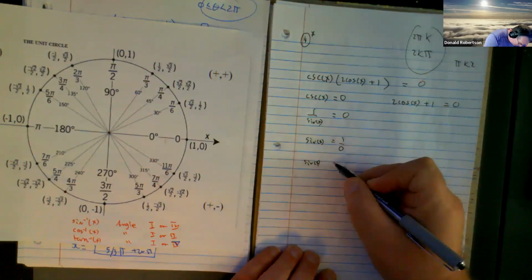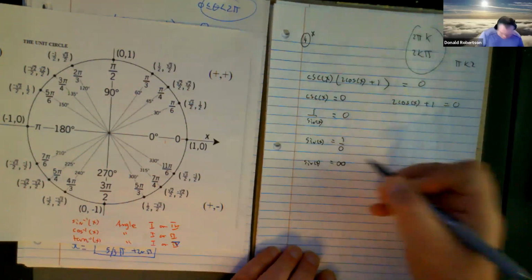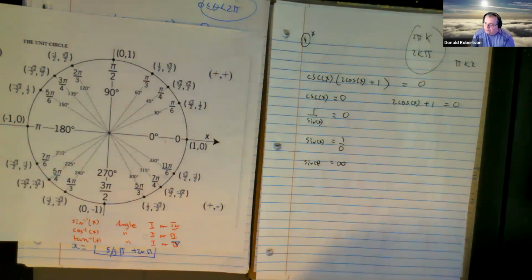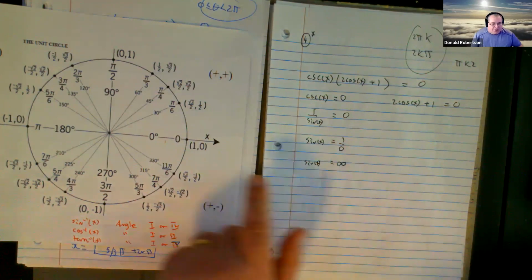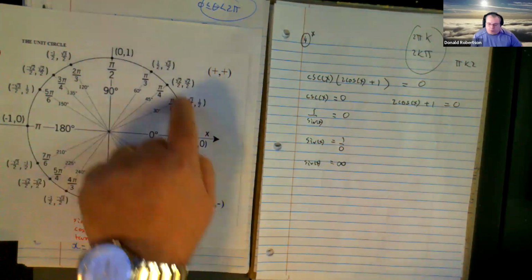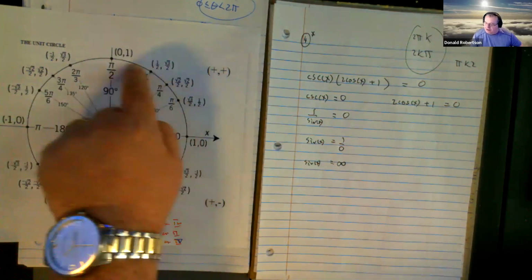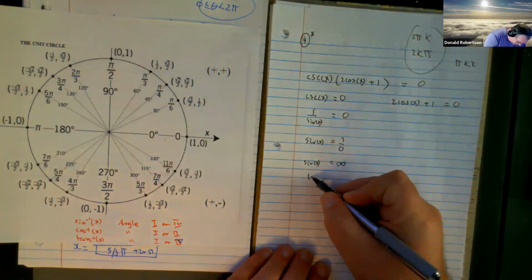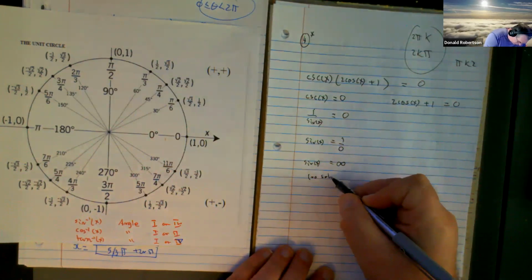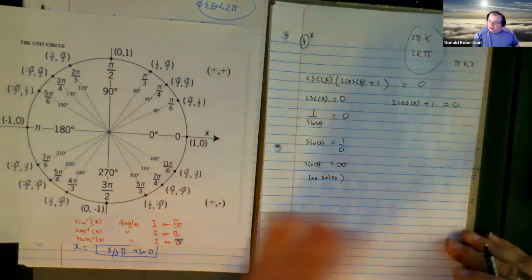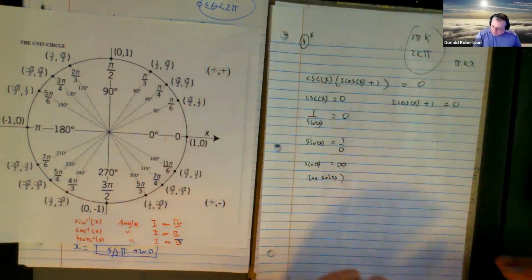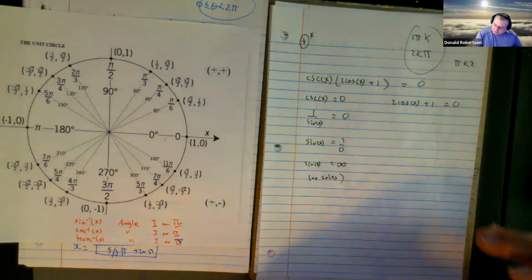If you think of 1 divided by 0 as being infinity, would you agree there is no angle where the sine is infinite? Aren't the sines only going to take numbers from 1 to -1? They're in the unit circle. So that means there are no solutions. So this guy just didn't give me any. That's why there's only 2 boxes instead of the typical 4.